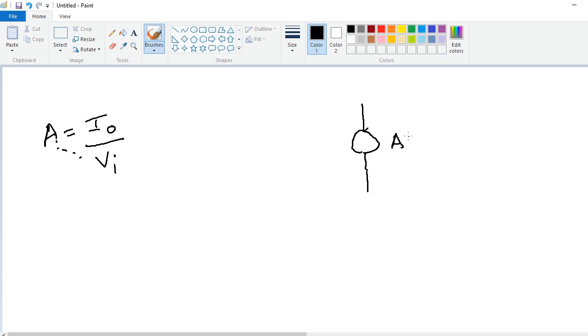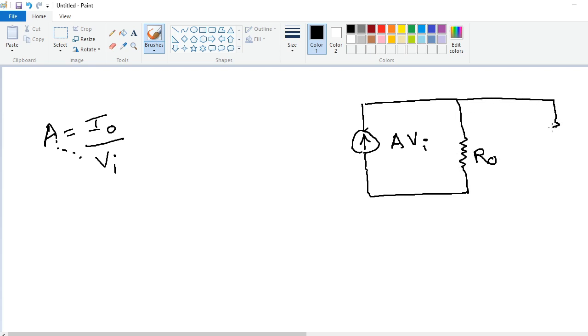A into Vi is the current source, equal to I naught. According to Norton's theorem, the output resistance is connected in parallel. Of course, there is a load resistance called RL.